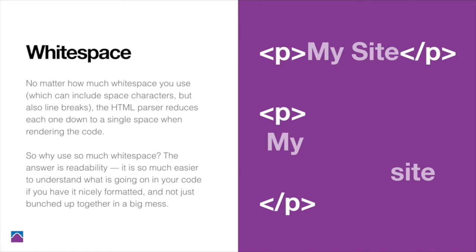It's so much easier to understand what is going on in your code if you have it nicely formatted and not just bunched up together in a big mess. If you notice this first line, there's no spaces. Just a simple paragraph tag, the content within it, and a closing tag. This is the same code underneath it. There's a lot of spacing there.